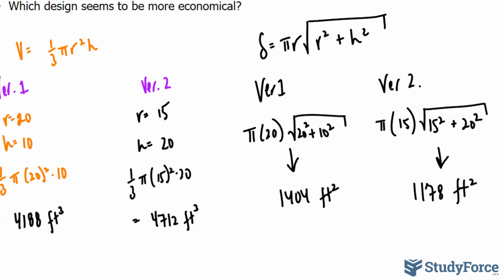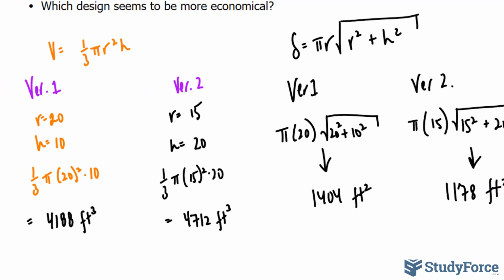Now let's discuss which one is more economical. Version 2 obviously has more volume, so it wins on that behalf. Version 2 also uses less material because it has less surface area. And when you're building something, of course, you want to save on cost.